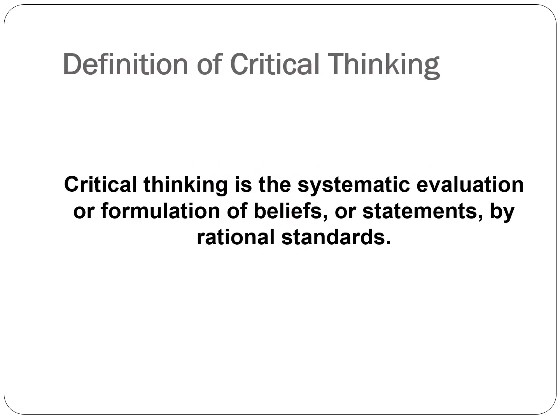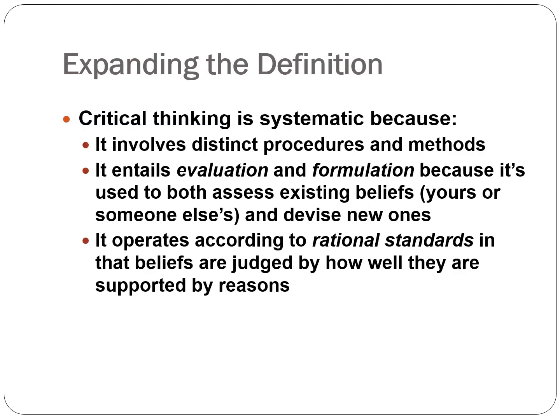First, our definition of critical thinking. Critical thinking is the systematic evaluation or formulation of beliefs or statements by rational standards. To expand on the definition, critical thinking is systematic because first, it involves distinct procedures and methods. It's not just a shoot from the hip kind of approach.